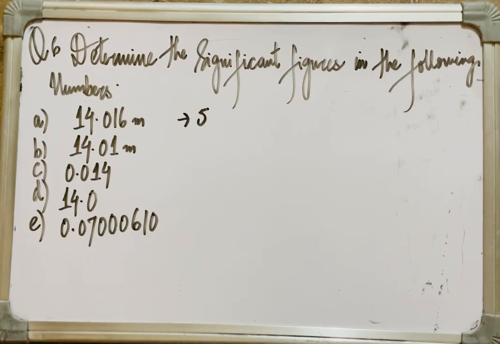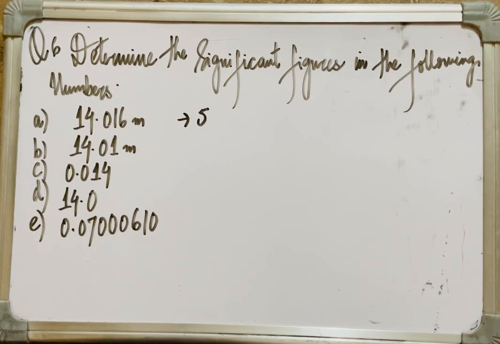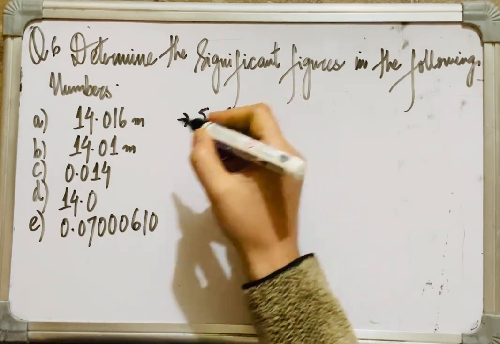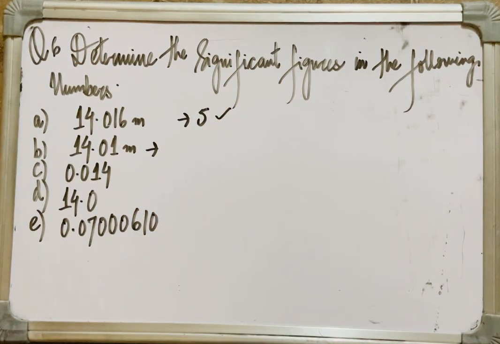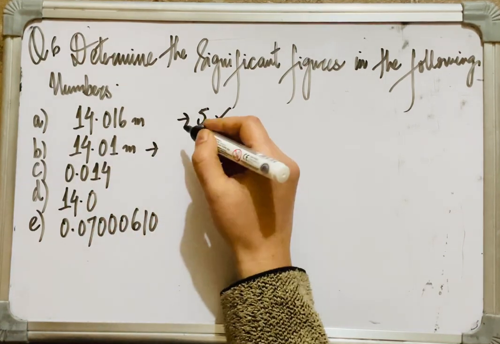So zeros between the digits are significant, that is, this 0 is significant. That is, this number has 1, 2, 3, 4, and 5 significant figures. Next one. This has how many significant figures? It has 1, 2, 3, and 4. All right, 1, 2, 3, 4.